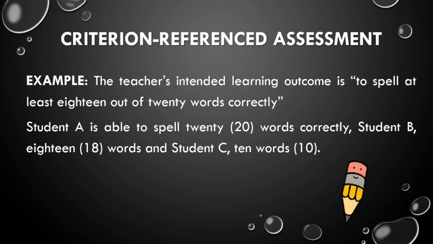It is obvious that only students A and B were able to realize the predetermined standard as stated in the intended learning outcome, which is to spell at least 18 out of 20 words correctly. The performance or the score of each student is compared against a standard set by the teacher. It is not compared against the performance of the other students.